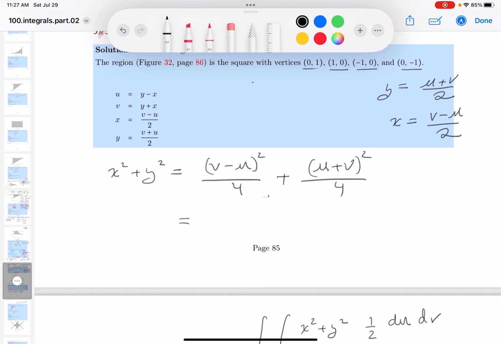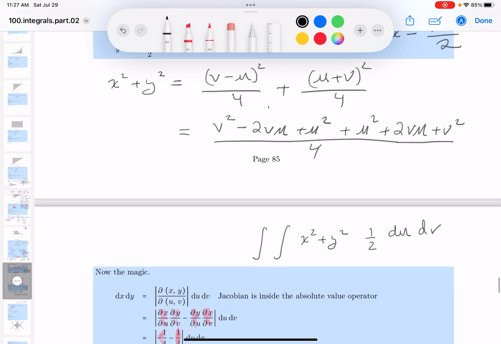Let's go to town on that. You can get v squared, minus 2vu, plus u squared. And then let's put this down. Plus u squared plus 2vu plus v squared. Well, I think I can handle that. The 2vu disappears, which is good news for me.